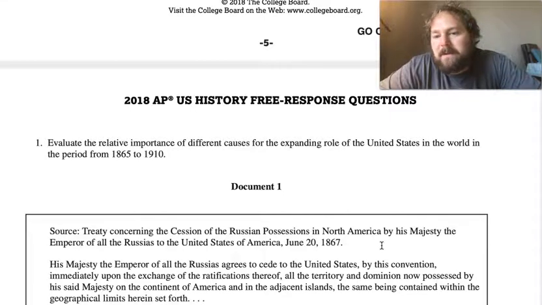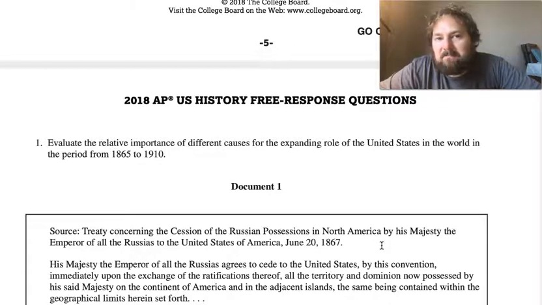So when you answer this question, start with the primary cause: the primary reason for an expanding role of the United States in the world is blah blah blah. But to answer this question well, at the very least, you're going to need to explore and explain multiple causes for why the United States was involved in the world during this time period.